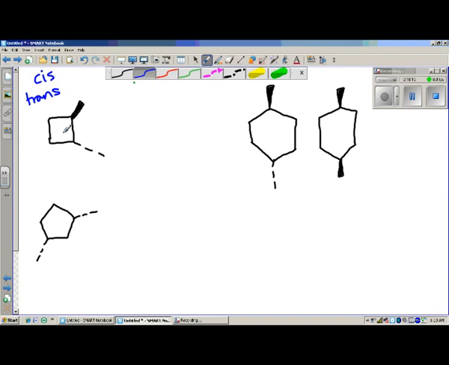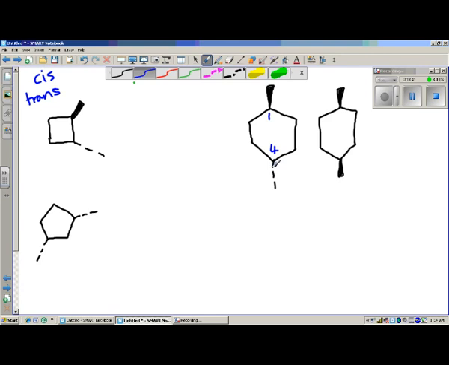Because if you make a model of cyclohexane like this, where the two substituents are on carbons 1 and 4, you can actually make a model where those two groups are pointing in the same direction, i.e. both up, or pointing in opposite directions, i.e. up and down. If you remember, the wedge here means up, pointing towards you, and the dash means down, pointing away from you.